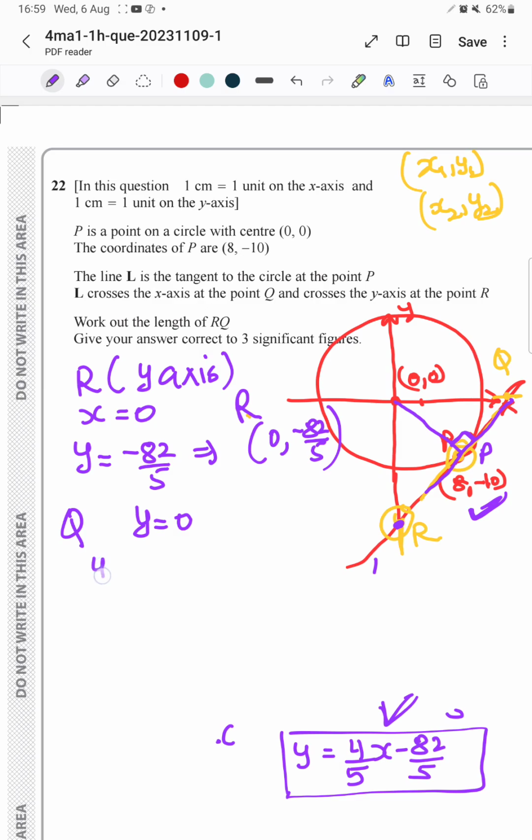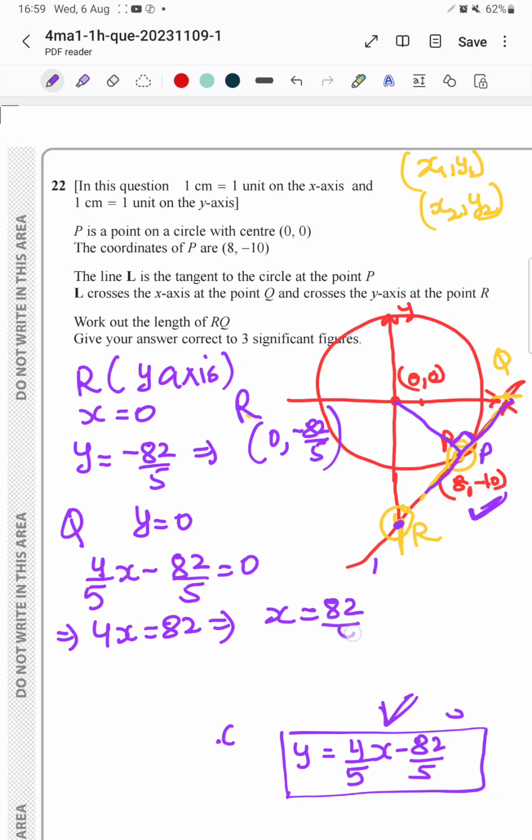So if y is 0, 4/5 of x minus 82 by 5 will be 0, and we get 4x is equal to 82, because the 5 will be gone. So x is equal to 82 divided by 4. So the coordinates of Q will become 82 by 4, or you can write it as 41 by 2, comma 0.